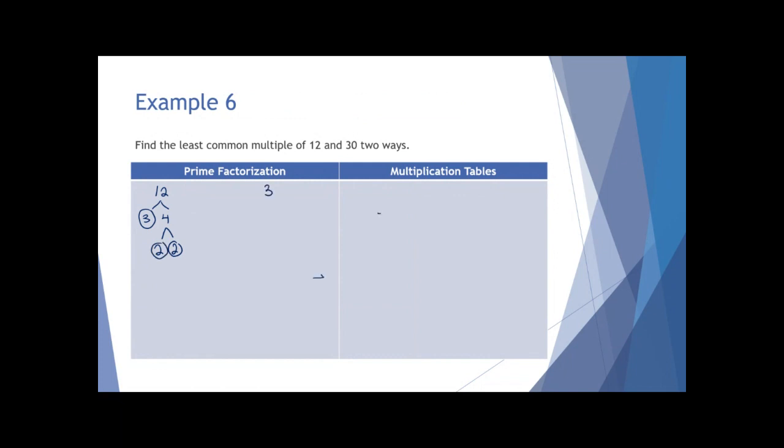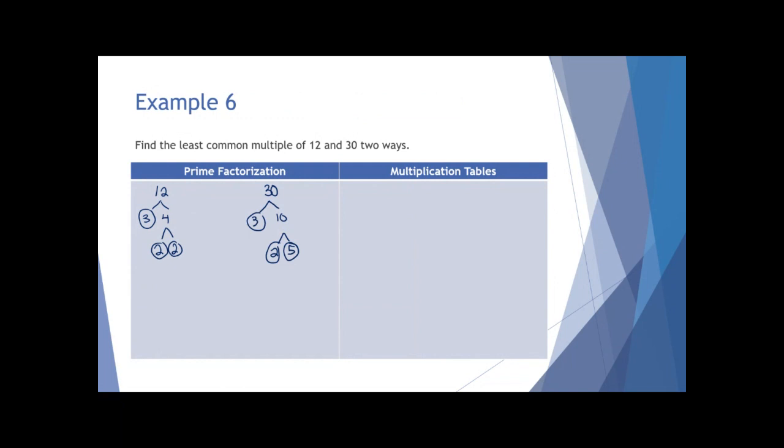And then 30. Well, we could do 3 times 10 with the prime factorization. And then 10 is 2 times 5. Oops, I circled 10. That is not a prime number. 10 is 2 times 5, and 2 and 5 are prime numbers.